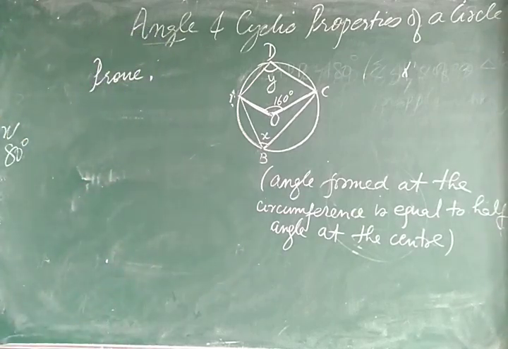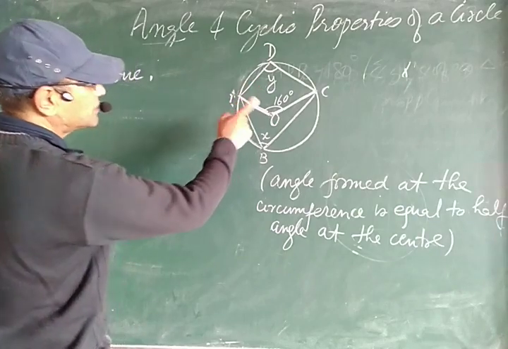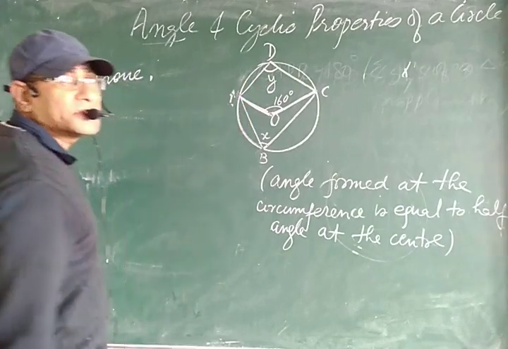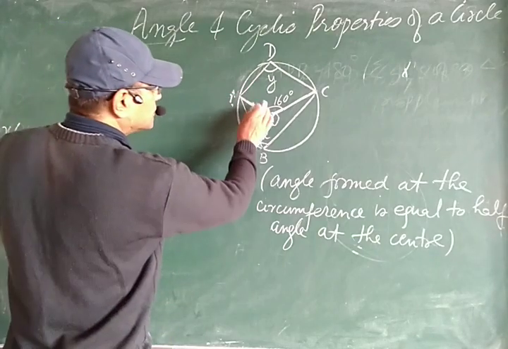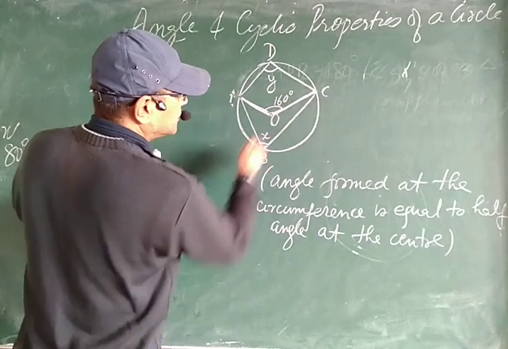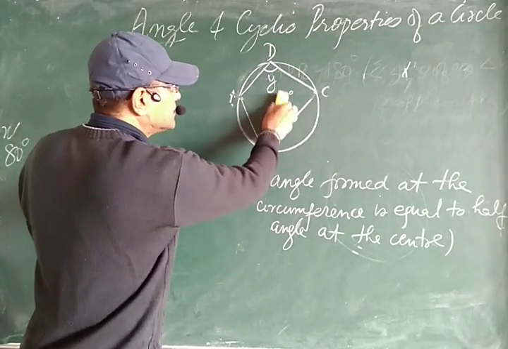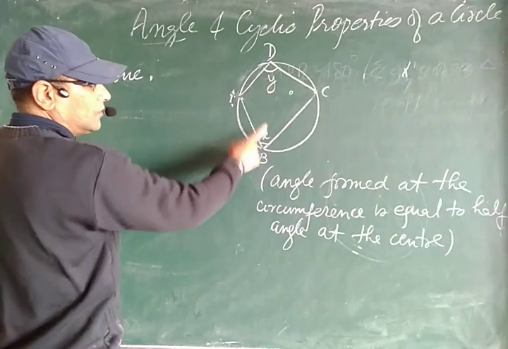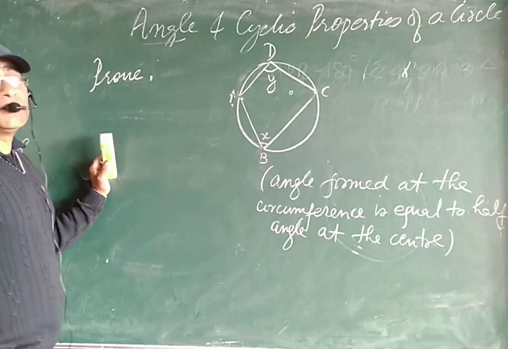Now, in order to find y, we can take the theorem that the sum of opposite angles of a cyclic quadrilateral is supplementary. Let's forget about the center lines for some time. Let us suppose they are not there. Then we can see one angle is formed here, one angle is formed here. These are the opposite angles of a cyclic quadrilateral.